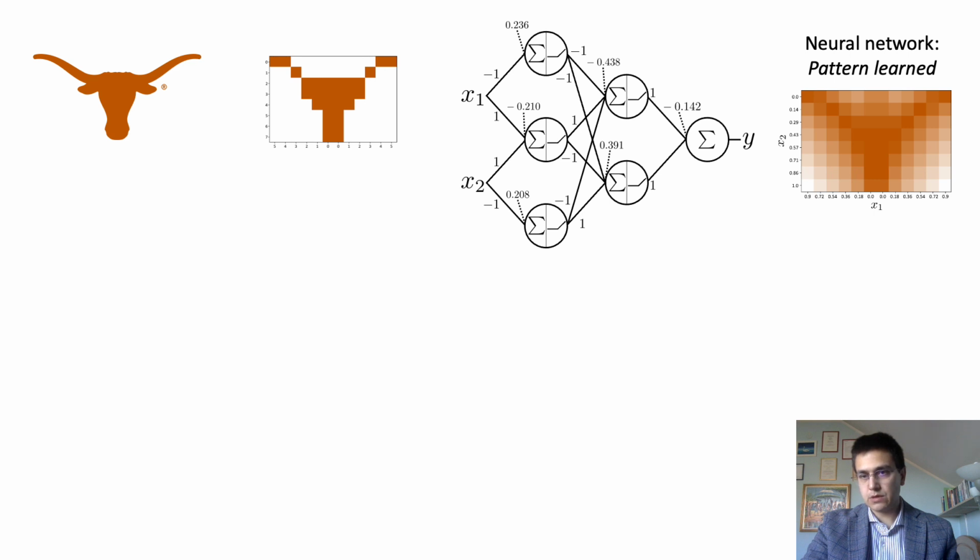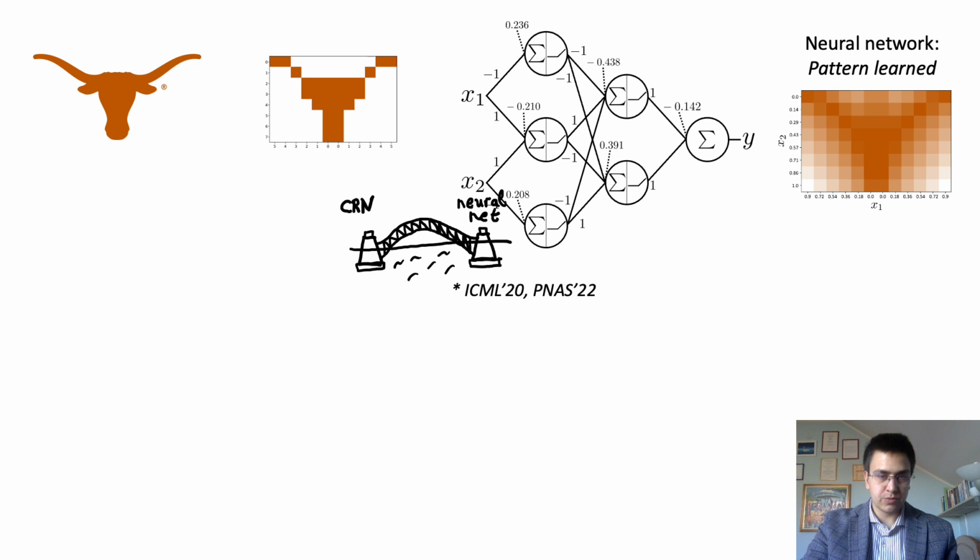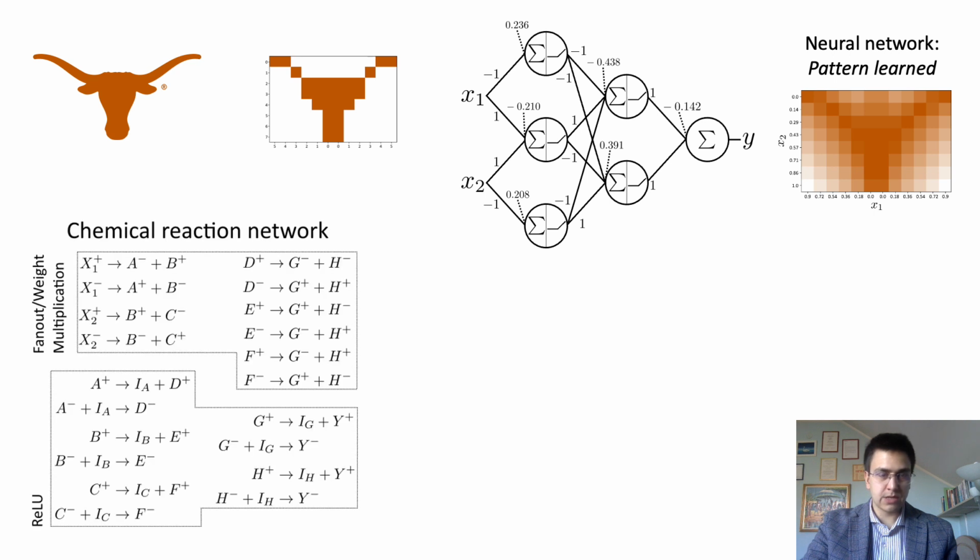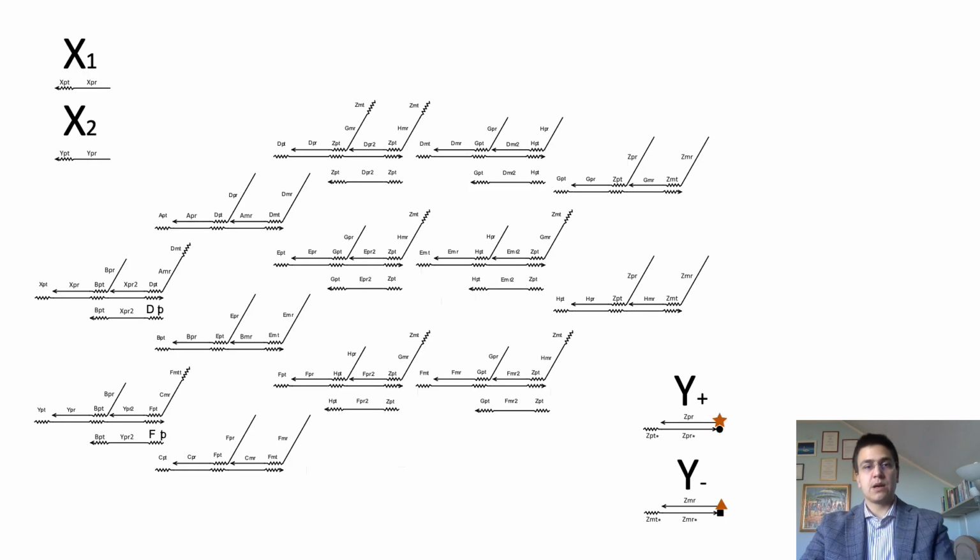But if you look at the real values produced, this is how the outputs look. Then we utilize our bridge shown before to translate this to a chemical reaction network equivalent to the neural network that learned the pattern. The new part that comes in is our realization, that is, the design of DNA molecules.